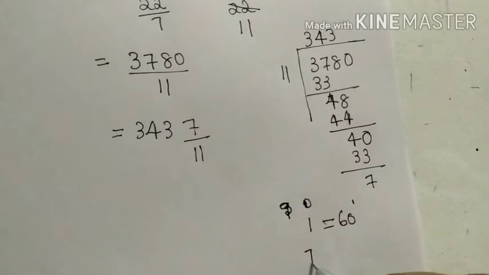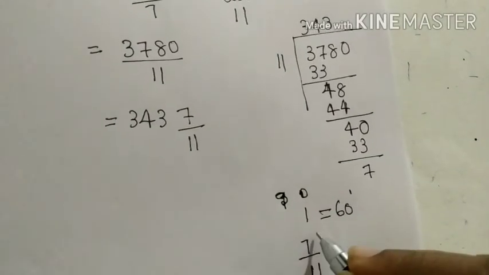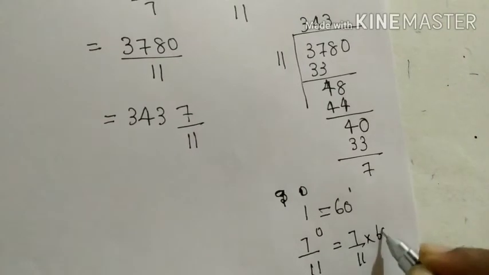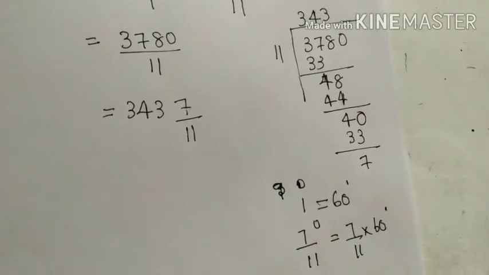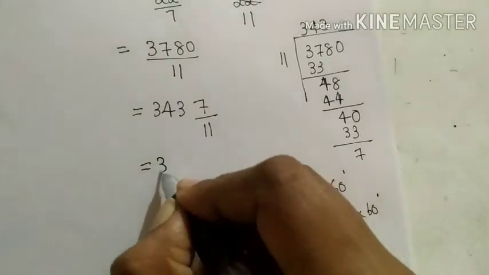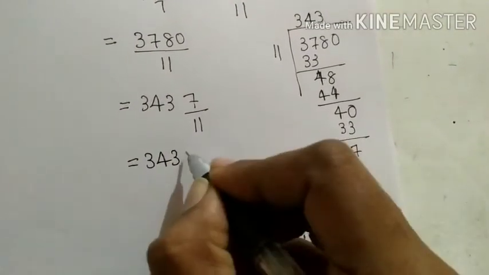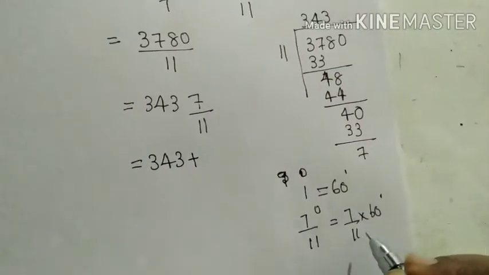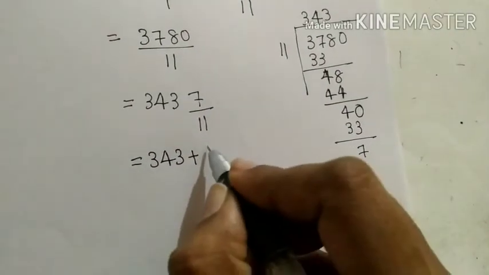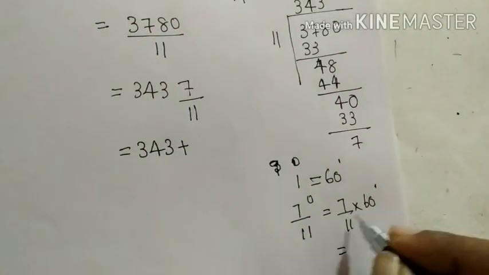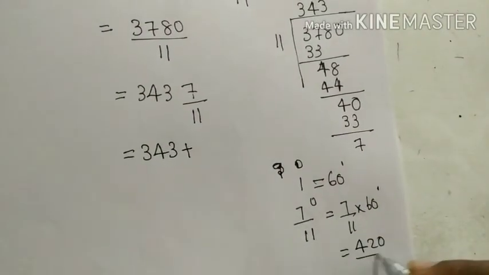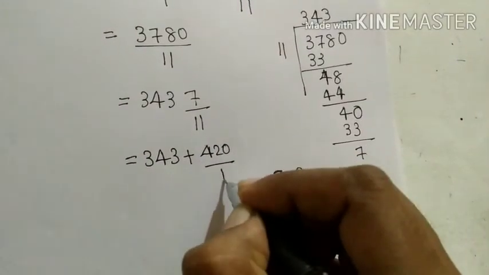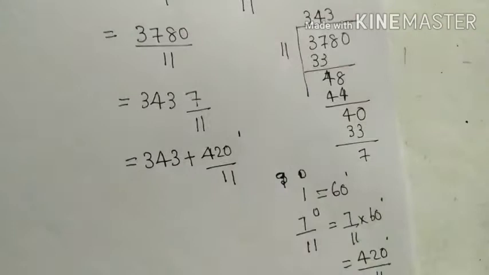So 7 by 11 degree is equivalent to 7 by 11 into 60 minute, right? So here we get 343 plus 7 by 11 into 60, that is, here we get 420 by 11 minute, 420 by 11 minute.